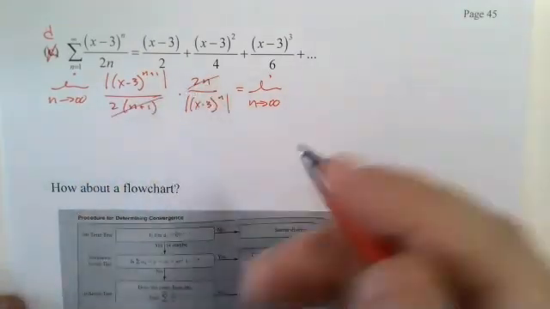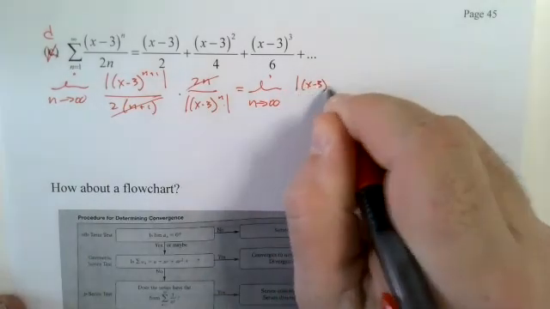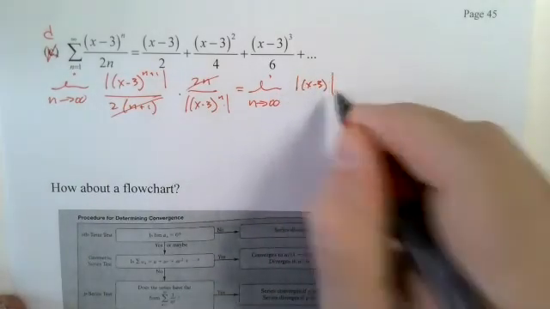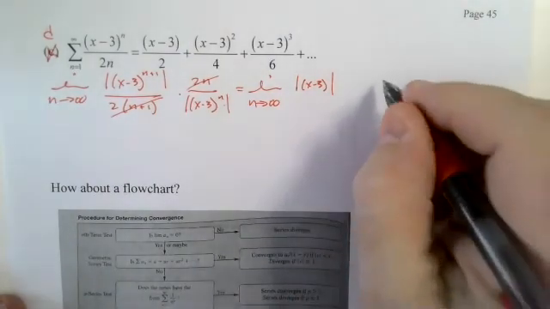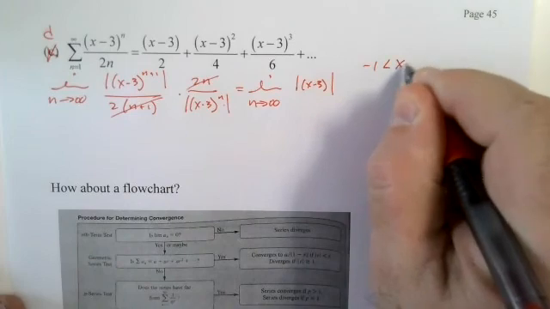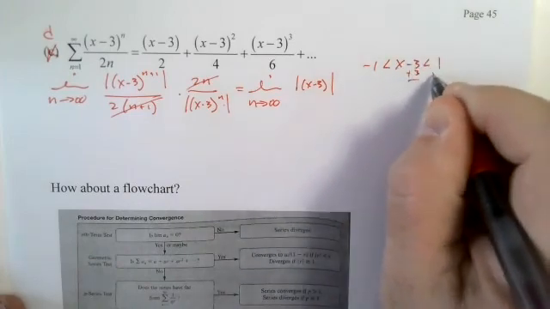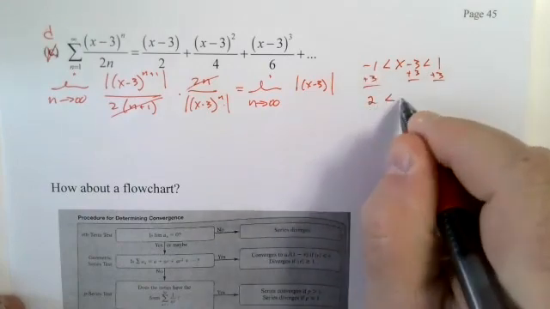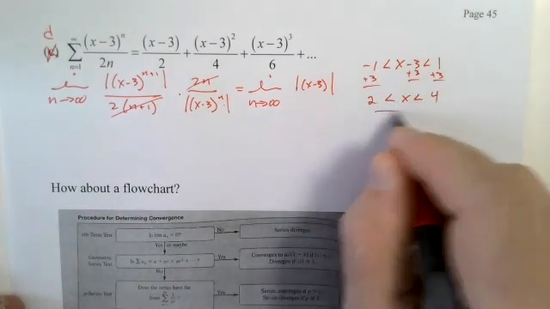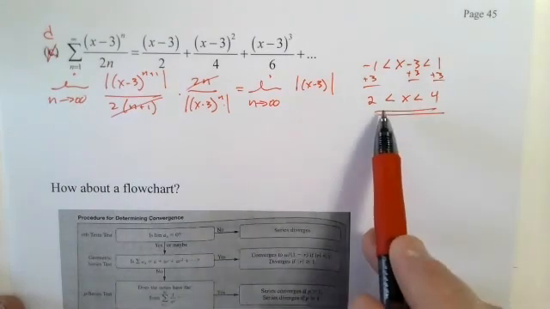Cancel 2n over 2n, leaving absolute value of x minus 3 to the 1. Therefore, -1 is less than x minus 3 is less than 1. Plus 3, plus 3, plus 3: 2 is less than x is less than 4. I think we're done. We're not. Got to check the endpoints.